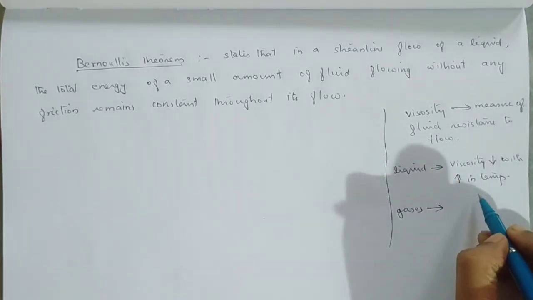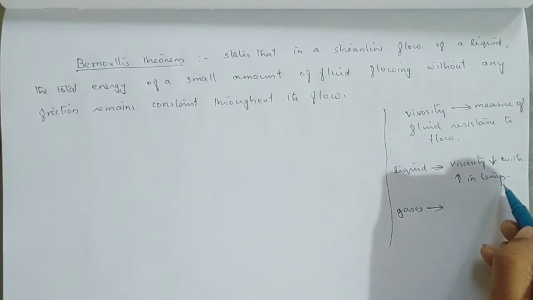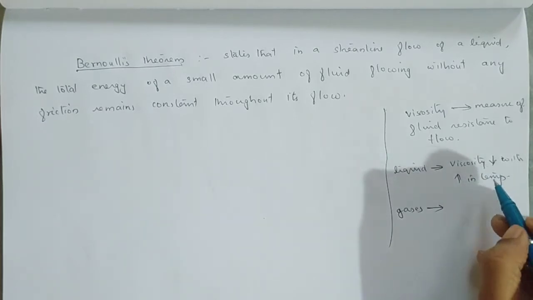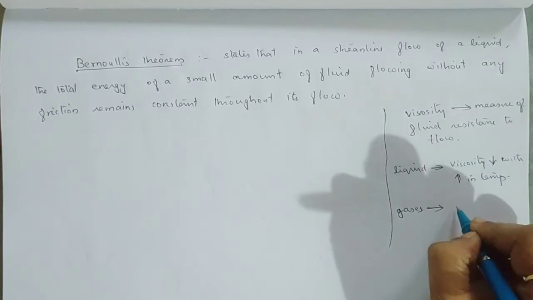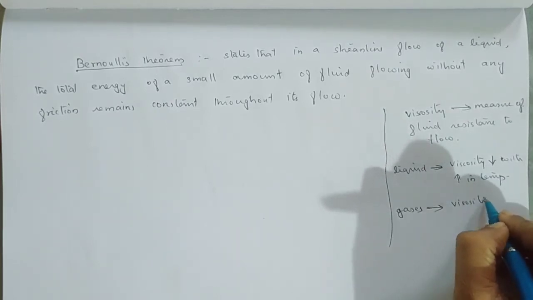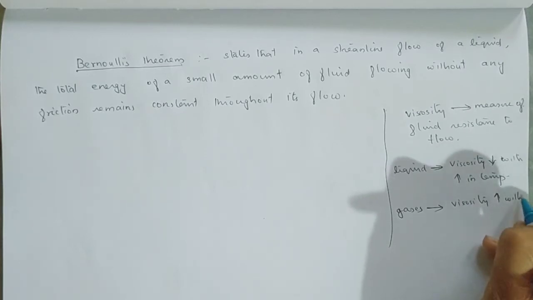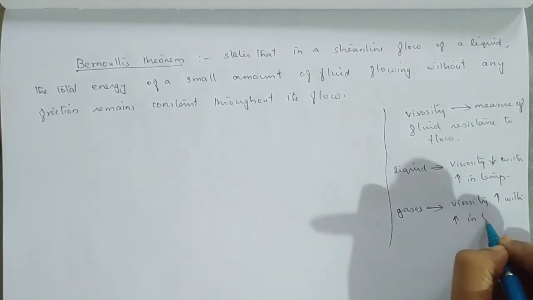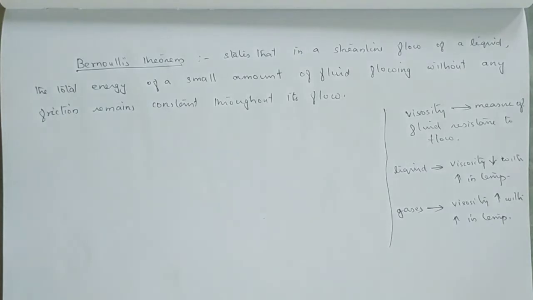That is, if we increase the temperature, its viscosity increases. Viscosity increases with increase in temperature. From this, it is clear that upon heating, the liquid flows more easily, whereas the gas flows more slowly.